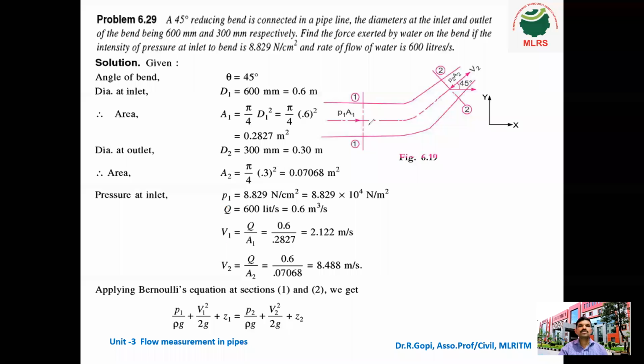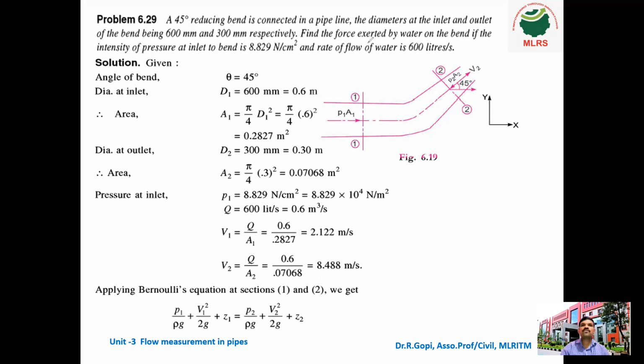Okay, so let us see one problem for better understanding. I read the question. A 45-degree reducing bend is connected in a pipeline. Reducing bend means the diameter of the original pipe and the reducing bend diameter are different. The diameter at the inlet and outlet of the bend is 600 mm and 300 mm.